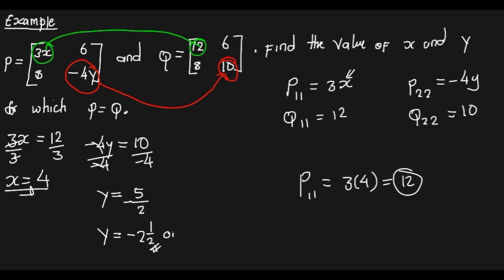If we want to leave our answer as a decimal, this is negative 2.5, because if we multiply negative 2.5 by negative 4, we still get our 10. So this is how you can solve for missing numbers if you have been given matrices with a condition that the two matrices are equal.